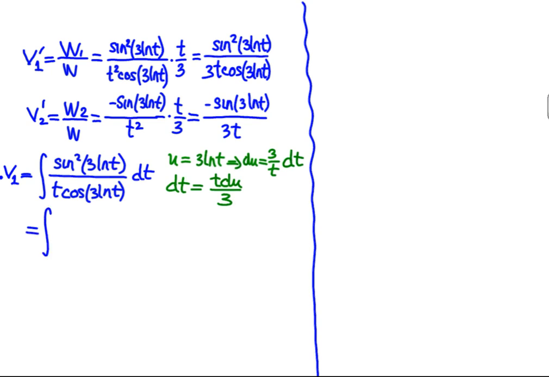We have sine square of u over t cosine of u, and dt is t du over 3.